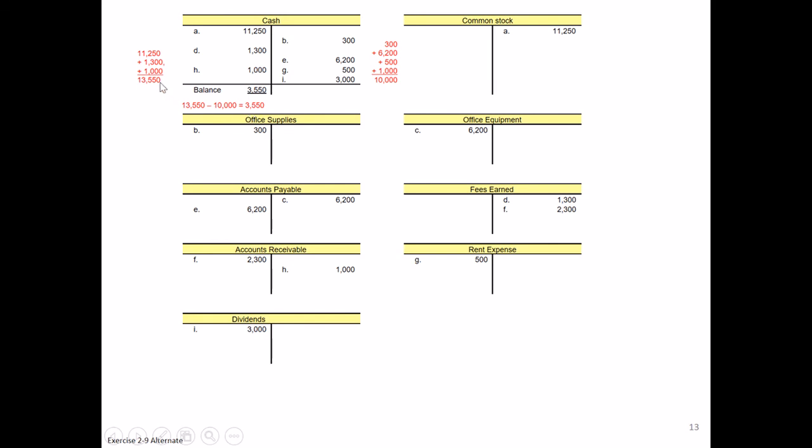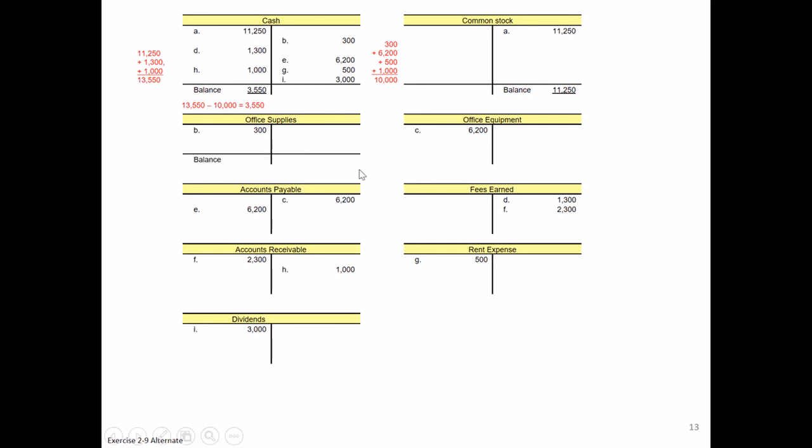Because the debits are greater than the credits, that balance of 3,550 is going to be a debit balance in cash of 3,550. Common stock, a little bit easier. One credit of 11,250, so therefore it's going to have a credit balance of 11,250.